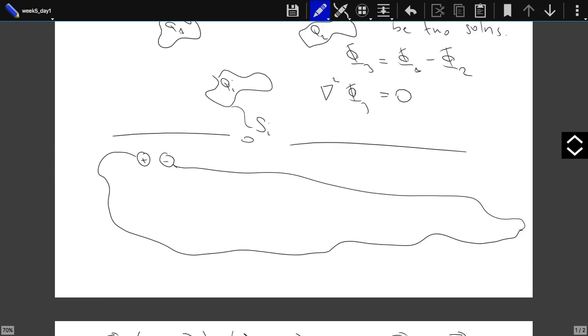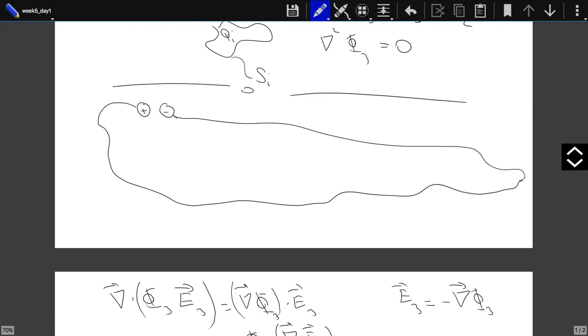Not necessarily. I mean, you can put positive charges there. What we are saying is, if you have many conductors nearby, and you put some charges on them, then there is a single possible configuration. So the electric field is uniquely determined by the total charges. We don't know what it is yet, but it is unique.